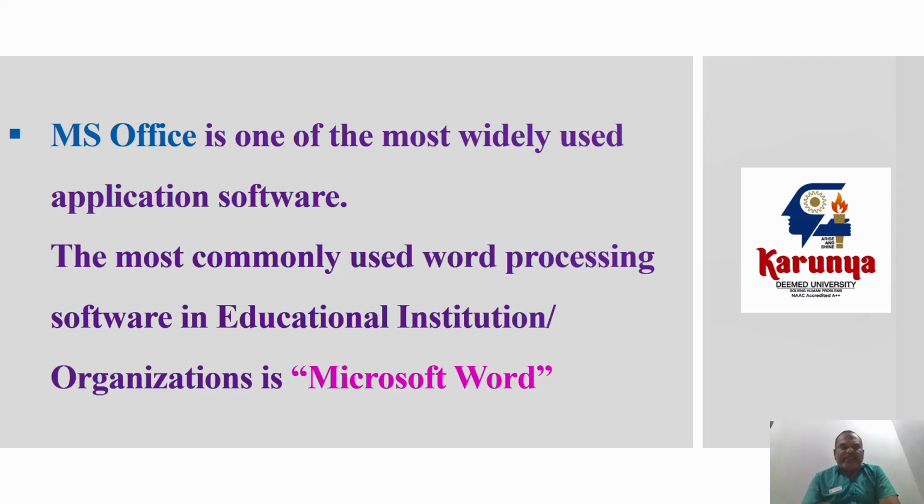Many educational institutions, offices, companies, and people working in different kinds of software companies or organizations need to work with Microsoft Word to create different kinds of documents, and maintain documentation.